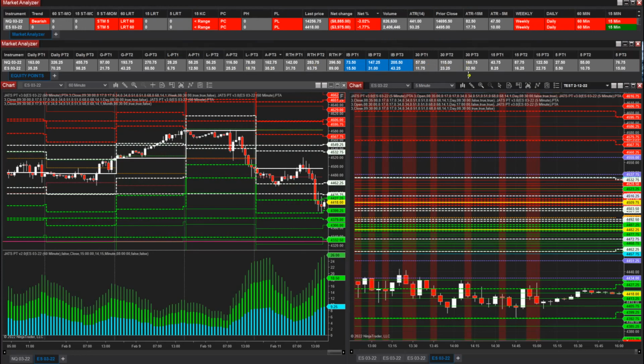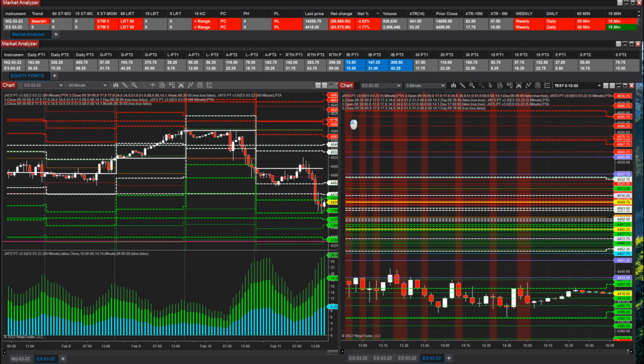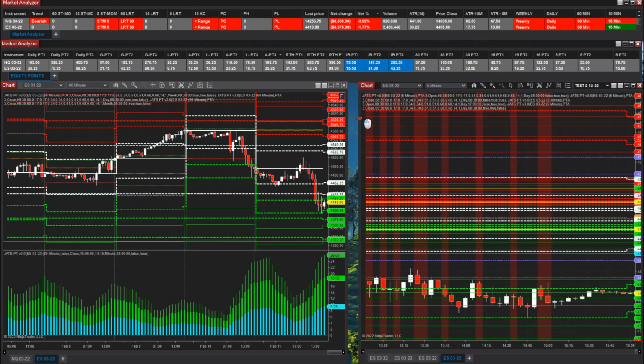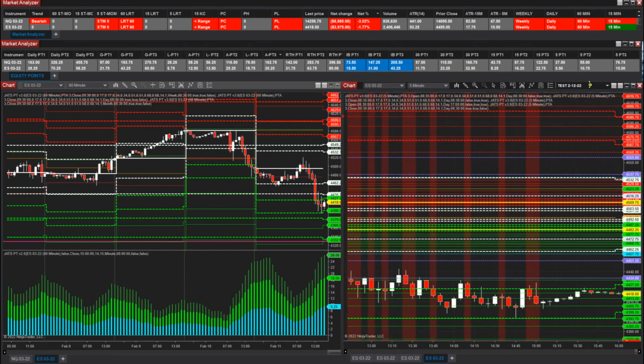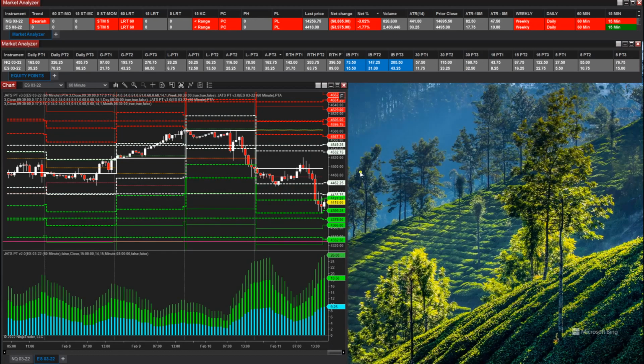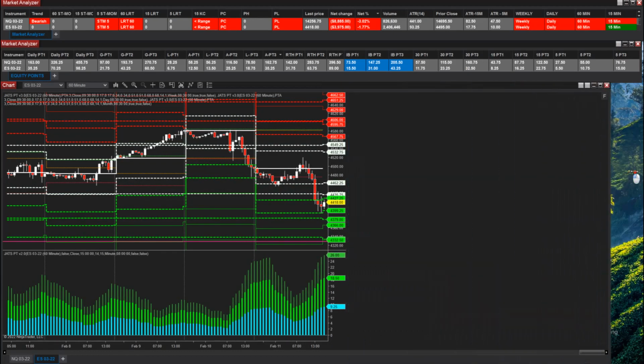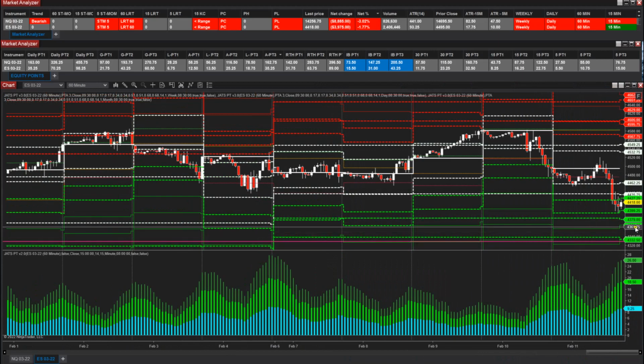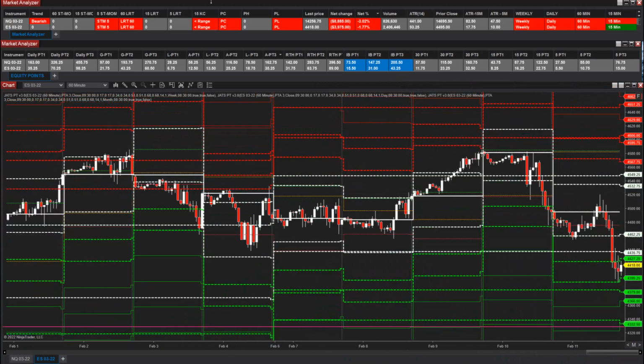So here is, put this back up, minimize this so we can see it, and minimize that. So when you're going from these levels, before the day even starts, you know how far you're going to go.